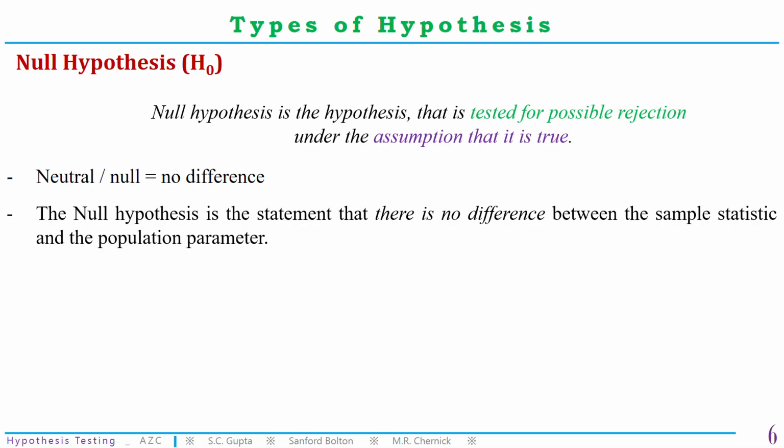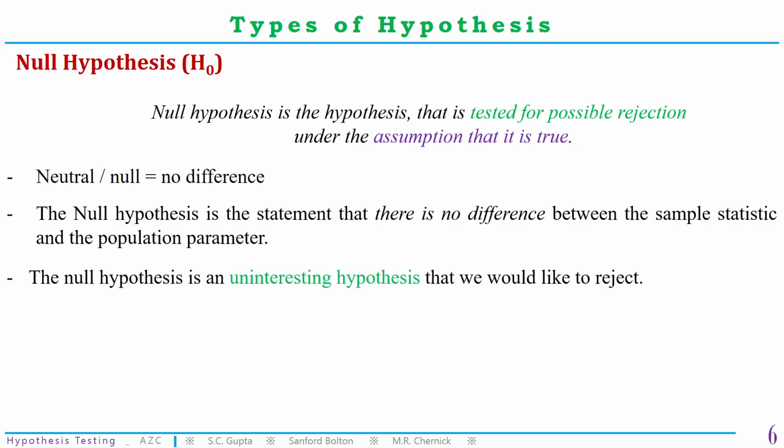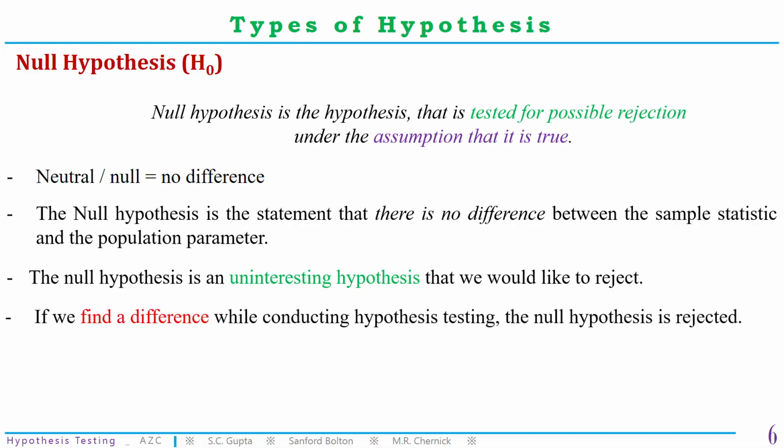The null hypothesis is the statement that there is no difference between the sample statistic and the population parameter. The null hypothesis is an uninteresting hypothesis that we would like to reject. If we find a difference while conducting hypothesis testing, the null hypothesis is rejected.